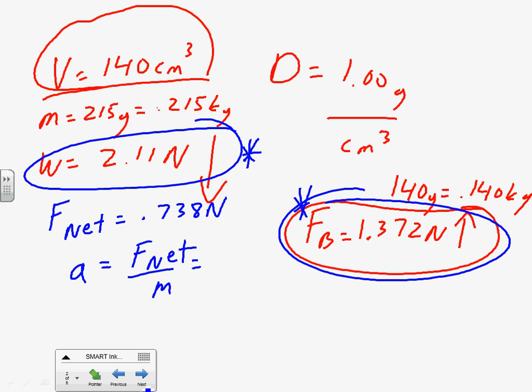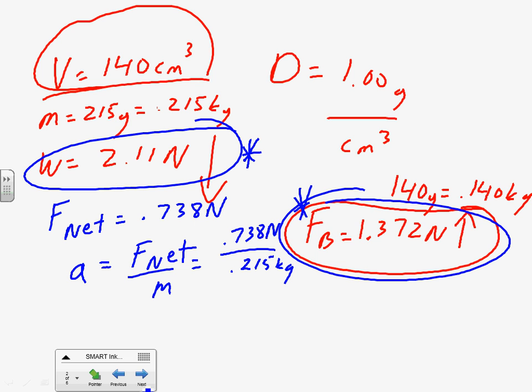So in this problem, we're going to take our net force, 0.738 newtons, and we're going to divide that by our mass, the mass of our marble, which was 0.215 kilograms. That does need to be in kilograms so that our newtons, remember a newton is a kilogram times a meter per second squared, so that when we do the division of units here, we'll get meters per second squared for our units.